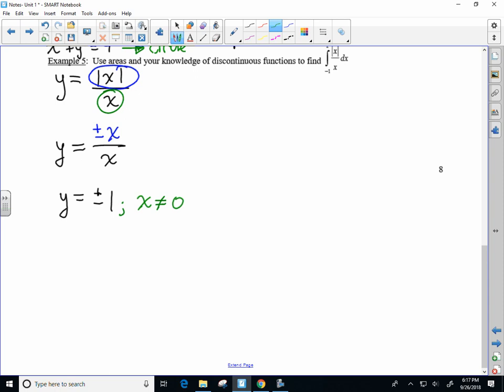So what we can do is just use a test value in the original function if you want. Again, at any point you can go to the calculator and take a look. But I could say something like y of -1. I'm just going back to this original function. That would be absolute value of -1 over -1, which would just be -1.